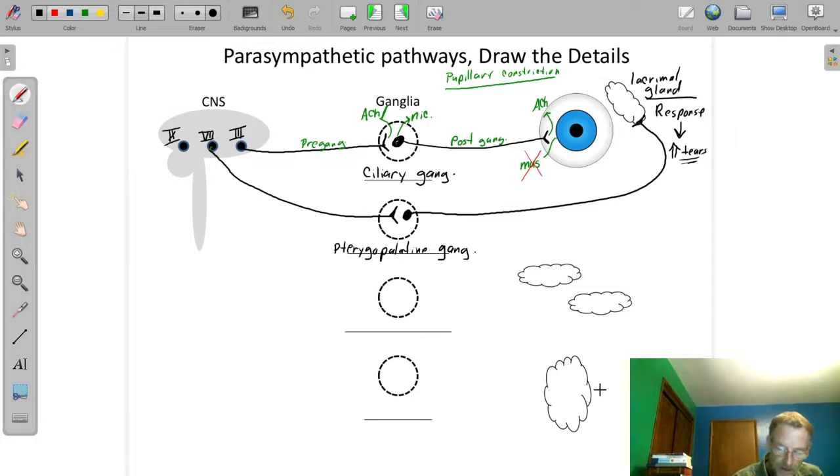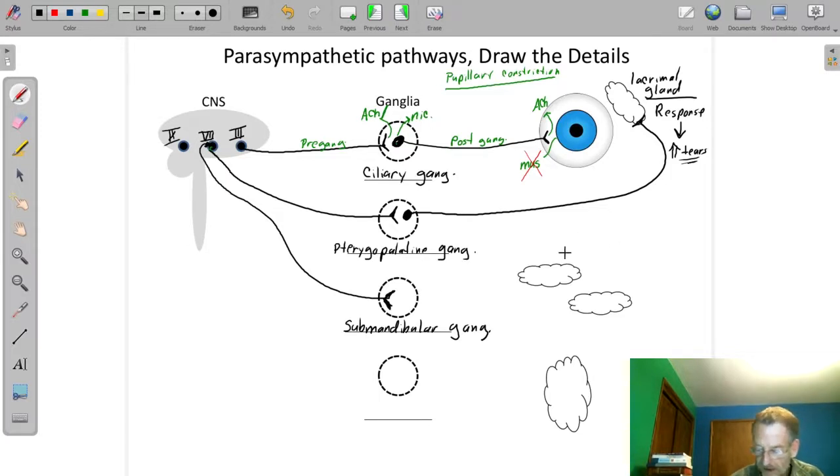Okay, so we also have fibers leaving 7, another pathway, and this is going to the submandibular ganglion. Submandibular gang. So there's the axon terminal.